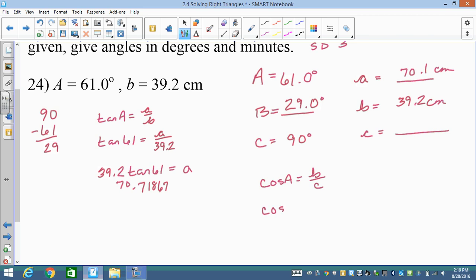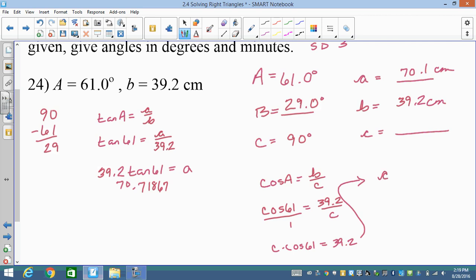So cosine of 61 equals 39.2 over little c. Cross multiply. I didn't mention this before, you can just put it over 1 and then cross multiply. So c times cosine of 61 equals 39.2.